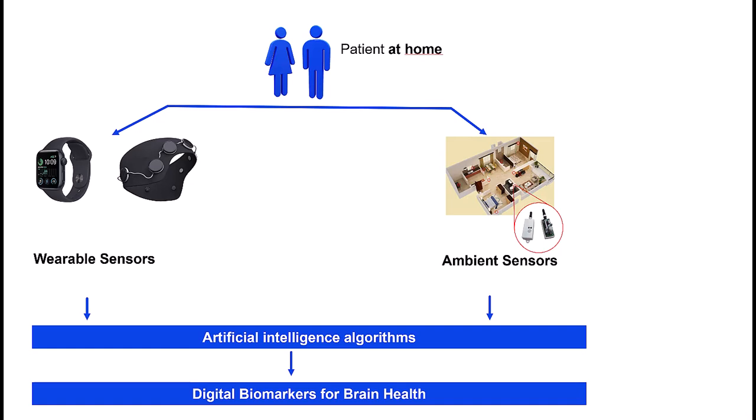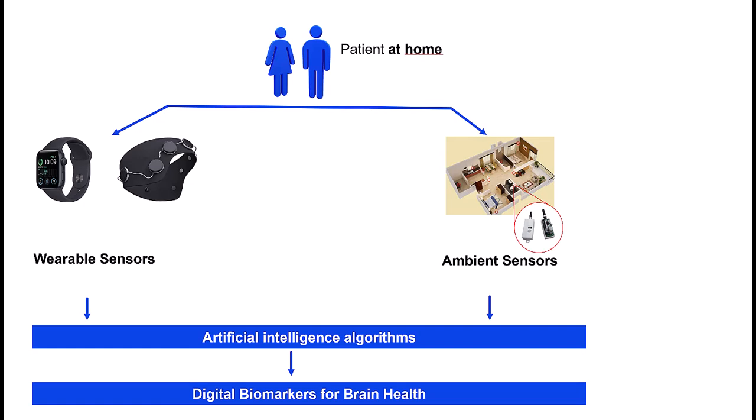On the other side, we can also use what we call ambient sensors or environmental sensors. These are sensors that are not directly connected to the patient, but are placed in the environment of the patient.